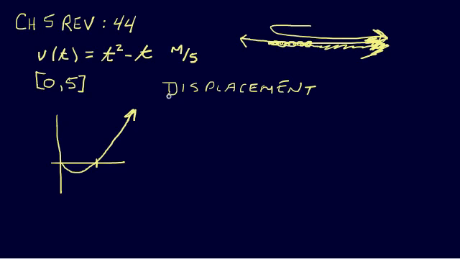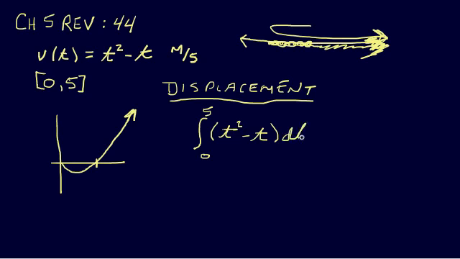So displacement is in essence the net change in position, and it's found by simply integrating over the entire interval the function that's given. So in this case, the integral of t squared minus t dt.